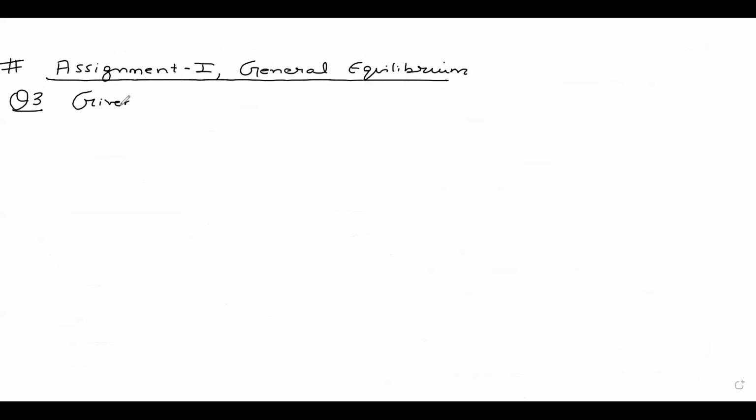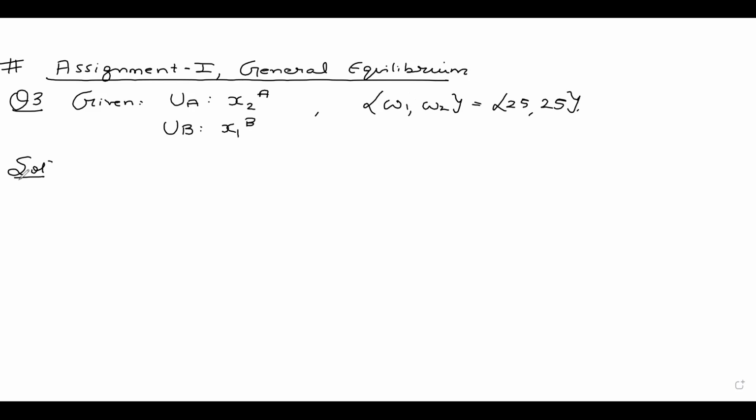We are given the utility function of A, which is x2a. Utility function of B is x1b, and we are also given the endowment vector omega 1, omega 2, which is 25 comma 25. This is the information given to us. Let's quickly draw the Edgeworth box first.